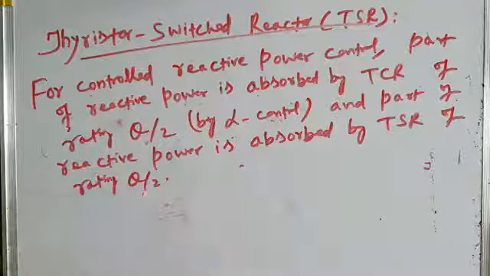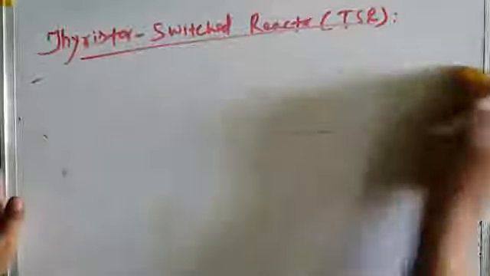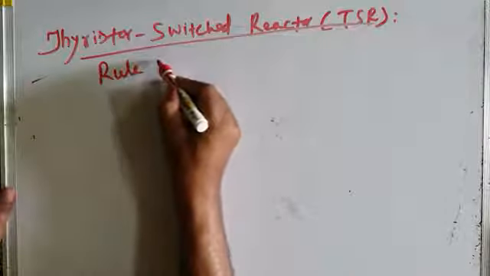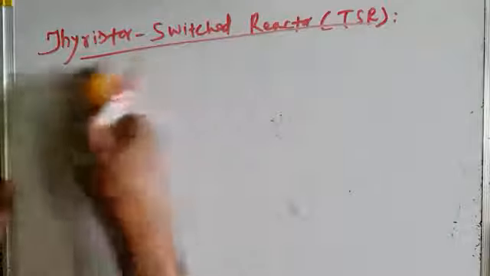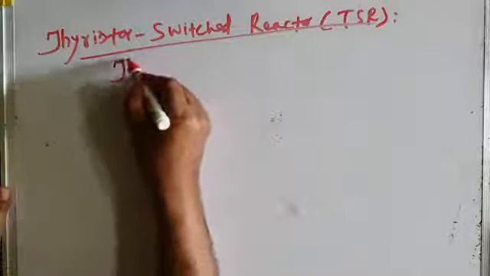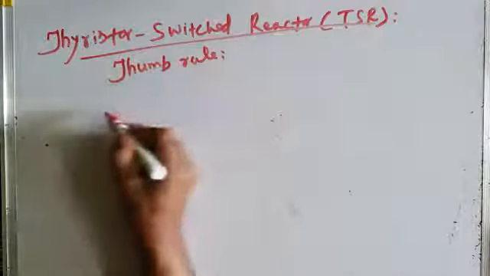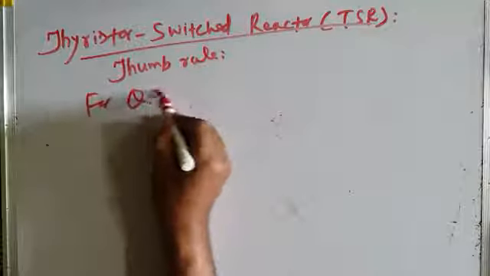Okay, so the thumb rule is that, the general rule or thumb rule for Q greater than 50%.